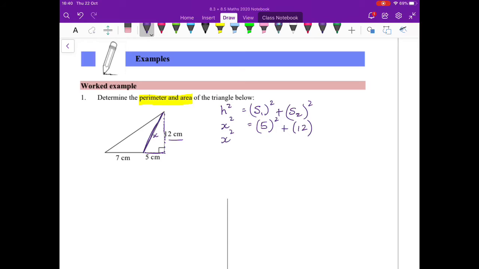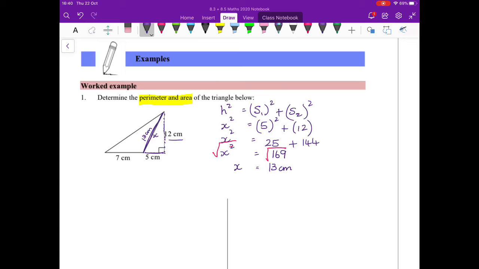So x squared equals 25 plus 144. If I add them together, x squared equals 169. To get rid of a square, I have to square root. And if I square root on the left, I square root on the right, and x will equal 13, and these are centimeters. So this line here is 13 centimeters.